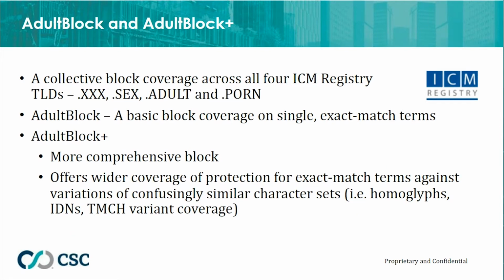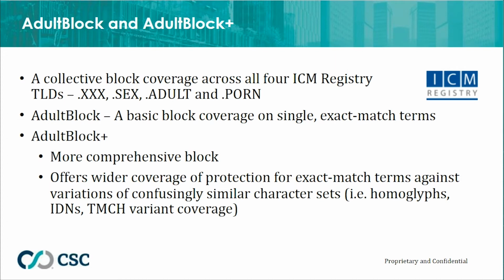Let's take a look at the fourth available blocking mechanism, which is the AdultBlock. The AdultBlocks have been offered by the ICM registry since 2019, but these are really the blocks that we have to keep an eye on this year because of the expiry of the original XXX blocks in December of 2021. The ICM registry offers a regular block and an AdultBlock Plus version, similarly to Donuts.